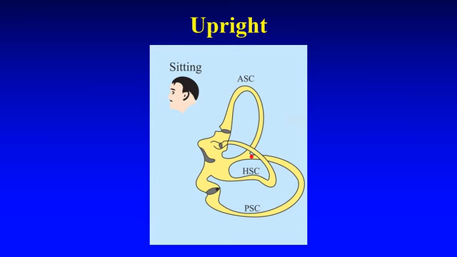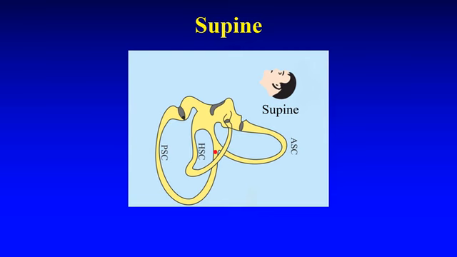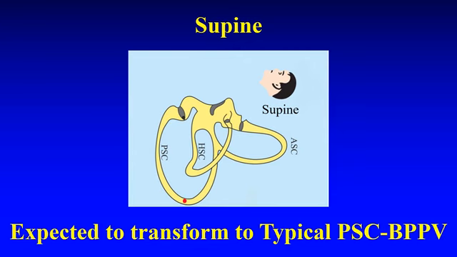This is the left membranous labyrinth of this gentleman, and in red you see the otoconial debris in the non-ampullary arm near the crus commune. As the patient lies down, it is expected to fall backward and thus transform to typical posterior semicircular canal BPPV, but it doesn't happen so.